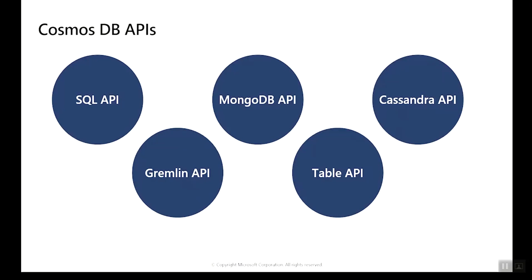Now, the main use of the Table, MongoDB, and Cassandra APIs is to support any of your existing applications that are already using these kinds of data stores as their data tier. So if you're building out any new applications and databases, you should really use the SQL API or the Gremlin API.